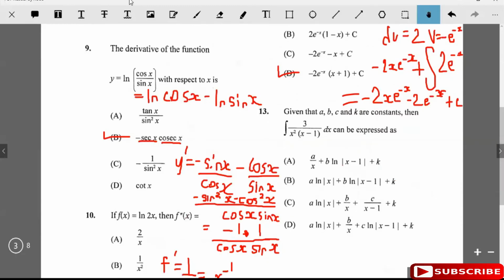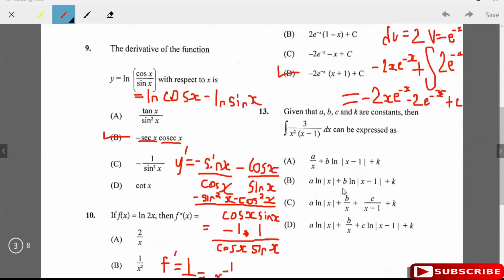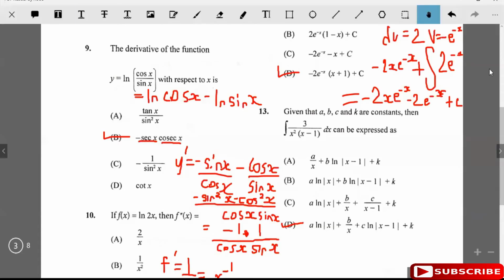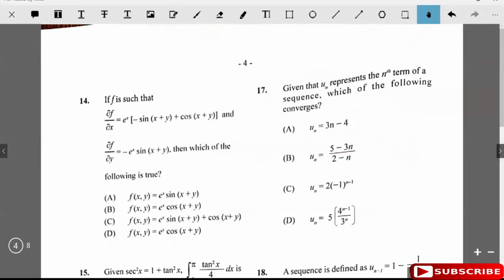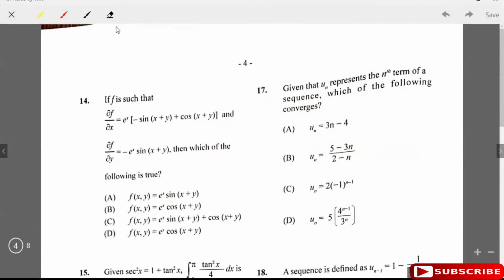Question 13, big repeat question. We've done this so many times. Question 13, we said was, I believe, dog. Yes, sir. Repeat question. That's an every week repeat question. That's question 13. Question 14, we did that in the last paper as well.